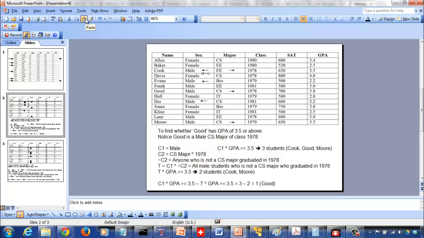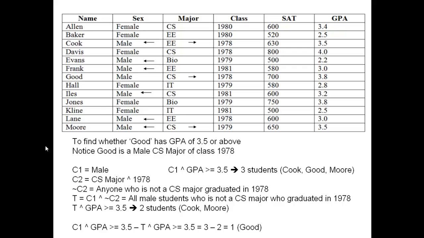And then this guy fits there, and of course this male also fits there, right? This Frank. Okay, and the other guy also fits there. So you have 6 male students who are not a CS major to graduate in 1978. So except Good, all these 6 male students satisfy this tracker condition.